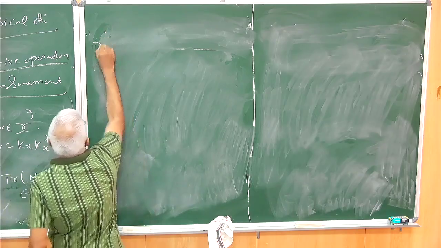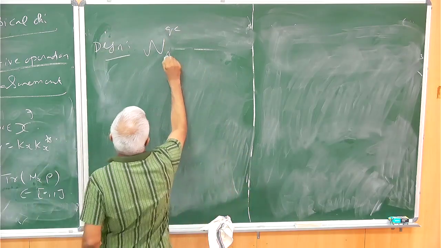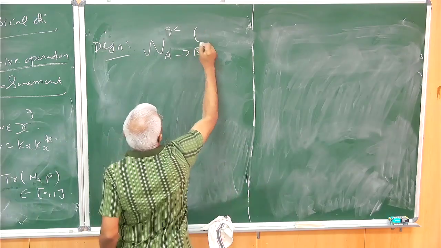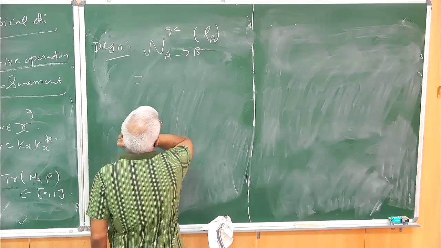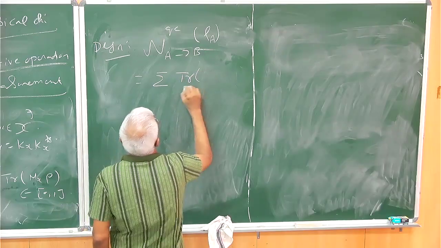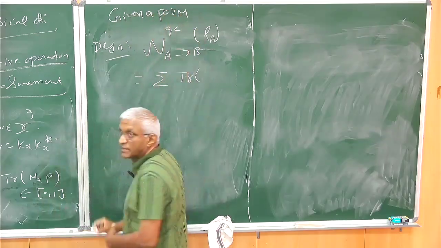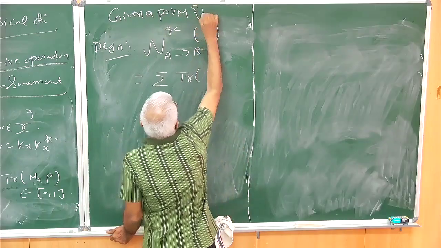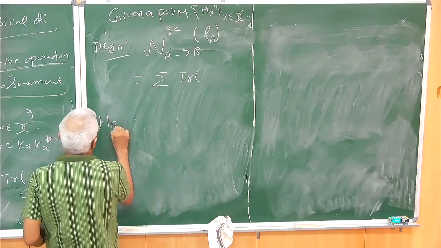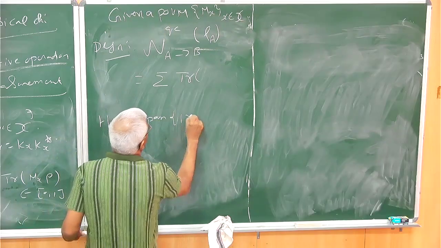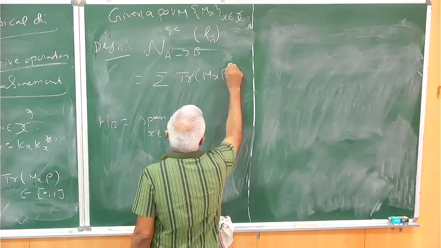Okay, so definition: a quantum classical channel N from A to B is an operator which takes a quantum state rho_A to the summation of trace, given a POVM, positive operator valued measurement, M_x, x in X. We have H_B equal to the span of this, x in X. Then you get the numbers trace of M_x rho, then this.